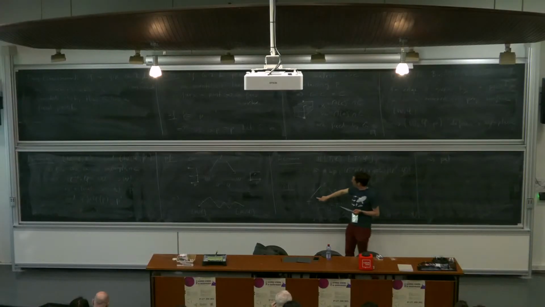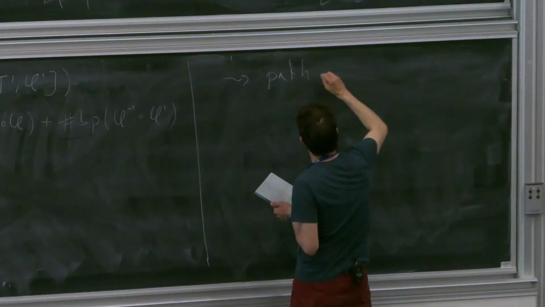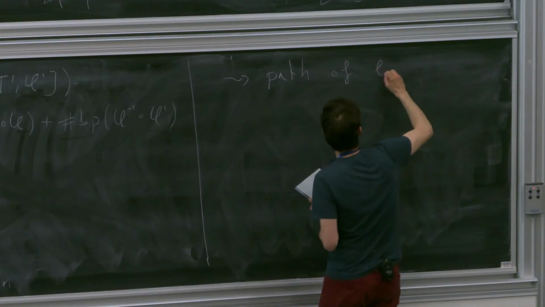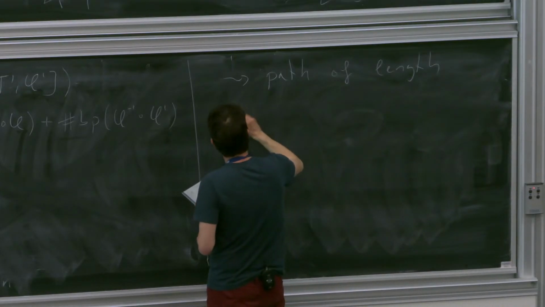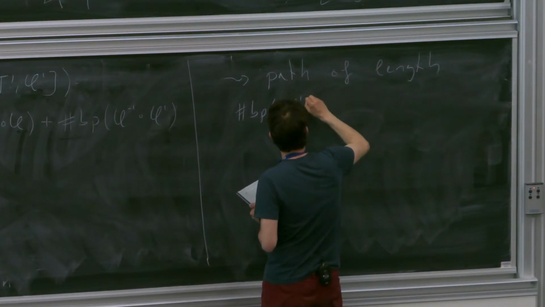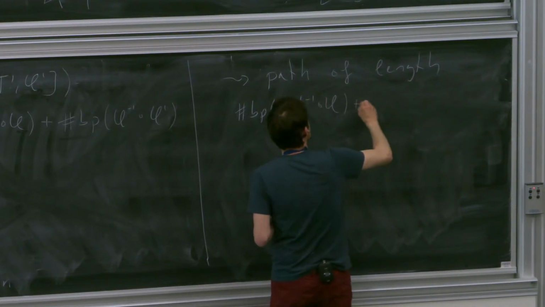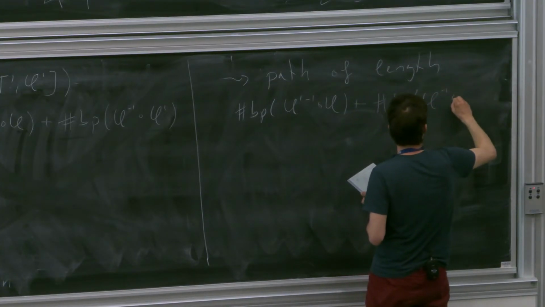I mean, the number of points we blow up here is exactly the number of base points of this birational map, and the number of points that are blown up here is the number of base points of this birational map. So we get a path of length the number of base points of phi prime inverse composed with phi plus the number of base points of phi inverse composed with phi prime.